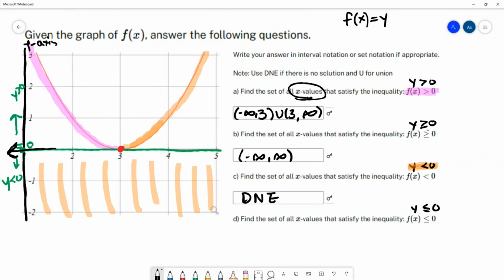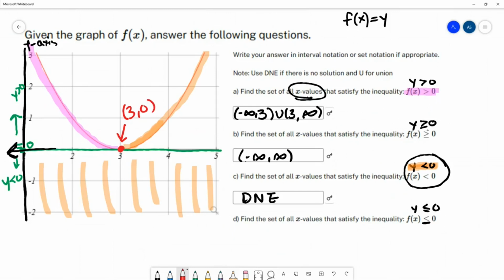And the last part is a special case. We have f of x, which is our y, is less than or equal to 0. We've just figured out that there are none that are less than 0. But we also have the equal to 0, and we do have one single point where y is equal to 0, and that's this point here, the ordered pair 3, 0.